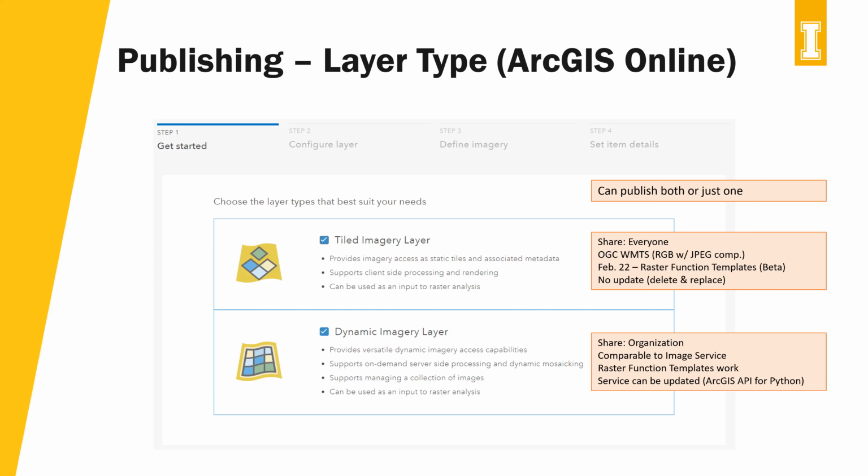One takeaway here, with the raster function templates in beta and updating the service with the API: this isn't unlike other things we've seen over the years that come out from Esri that have some limited functionality, and pieces are being added each quarter as they make those available.